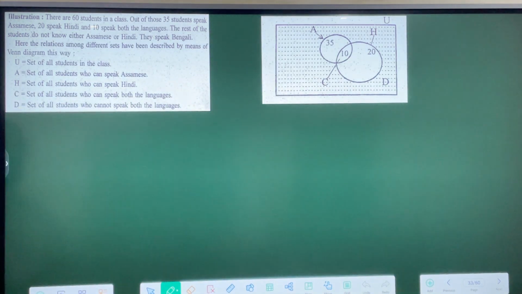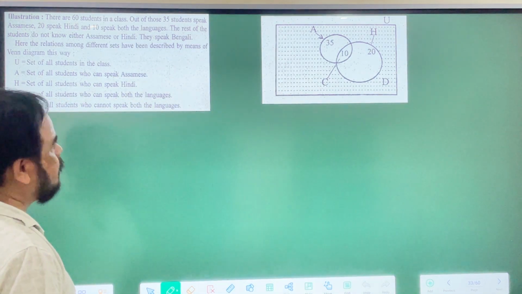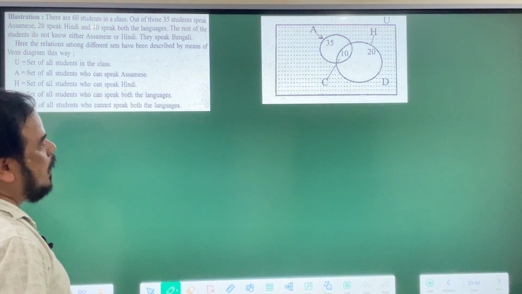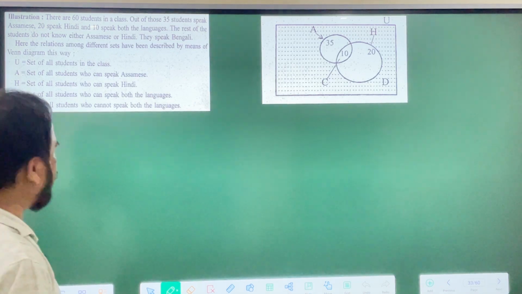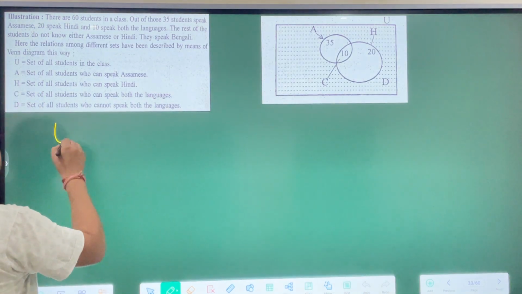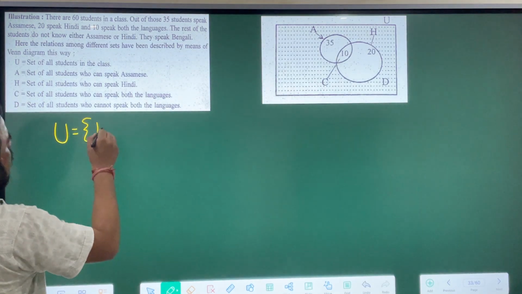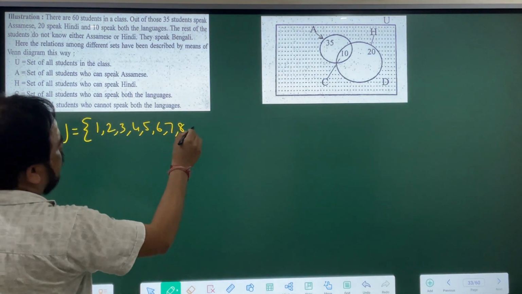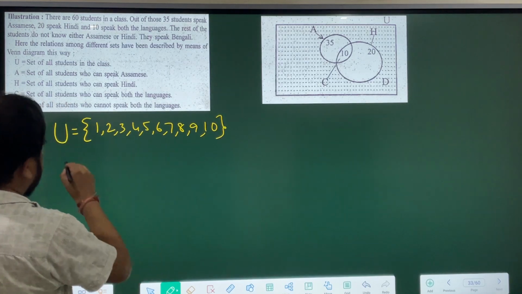Illustration. Before I do this illustration, let me explain one more example for Venn diagram. U: 1, 2, 3, 4, 5, 6, 7, 8, 9, 10.